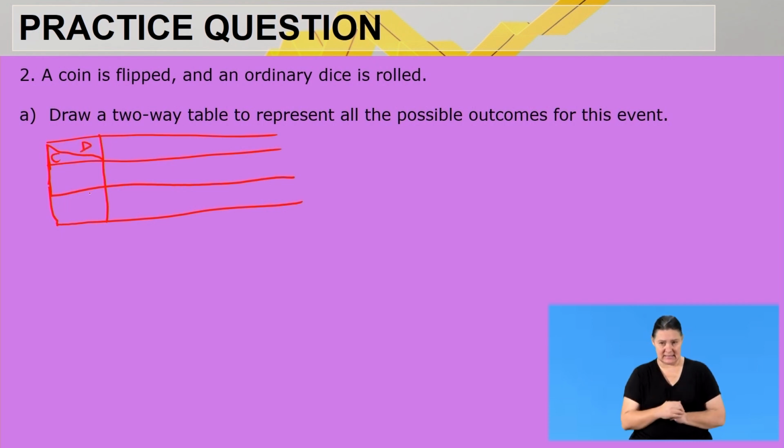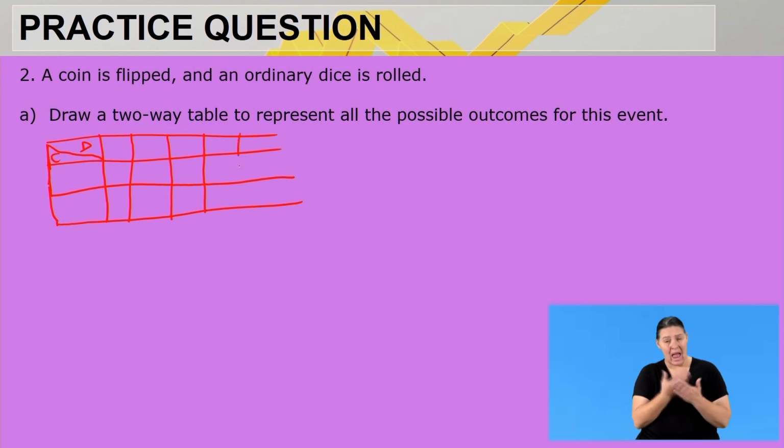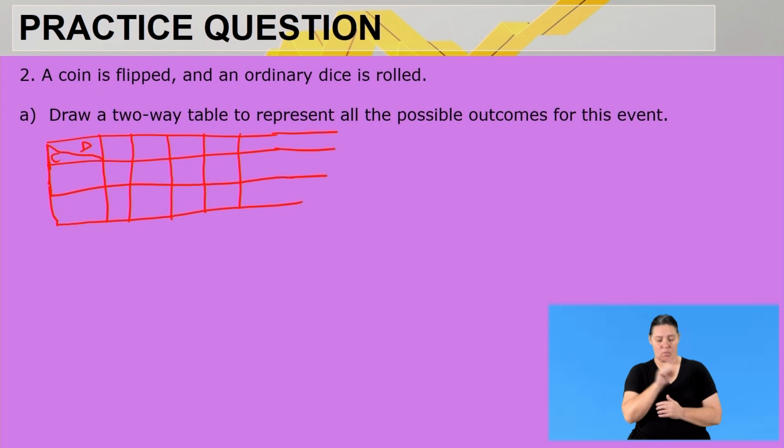When I look at the dice, which is going to work horizontally, I should have 6 possible outcomes. Do we agree? Yes, okay, so it's 1, 2, 3, 4, 5, and I'm going to make this number 6.